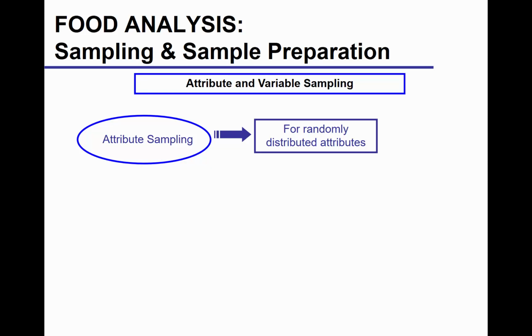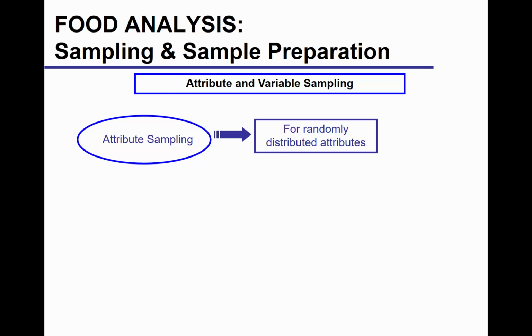So there are two types of sampling: attribute sampling and variable sampling. Often students confuse the two. I sometimes forget what the difference is. But attribute sampling is usually when we are looking at a particular attribute that is randomly distributed. That means it's not homogeneously distributed within your sample.